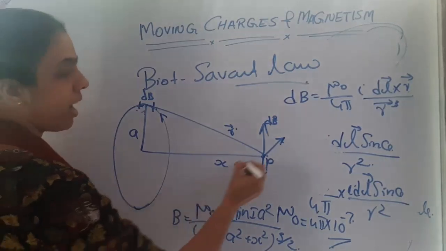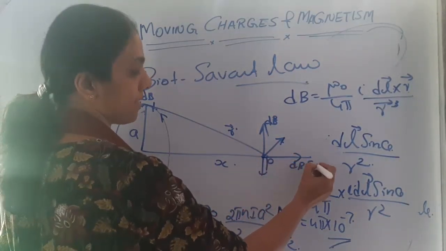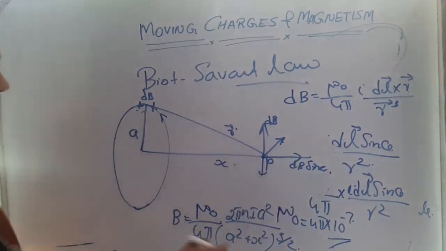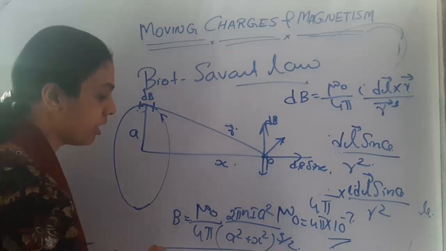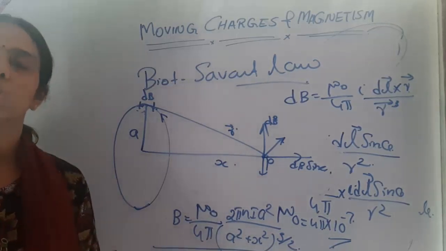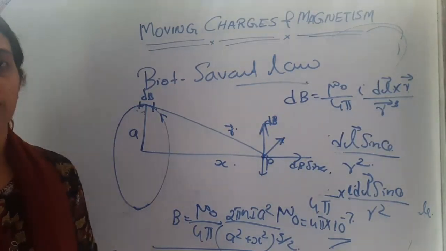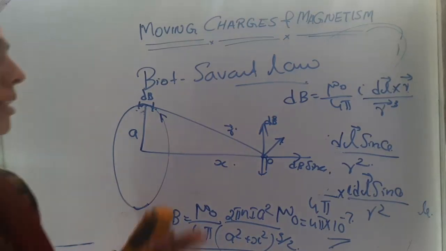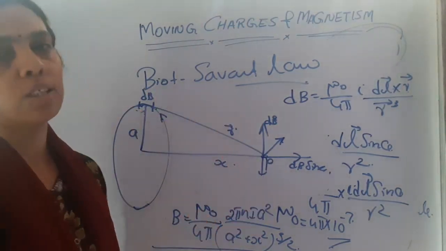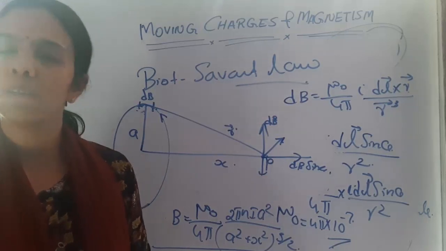Because of this, they get cancelled, and only dB sin theta will exist. So we get this equation: mu 0 by 4 pi into 2 pi Ni a square divided by a square plus x square the whole power 3 by 2. This formula is also important. So depending on these topics, I am going to revise some of the questions.